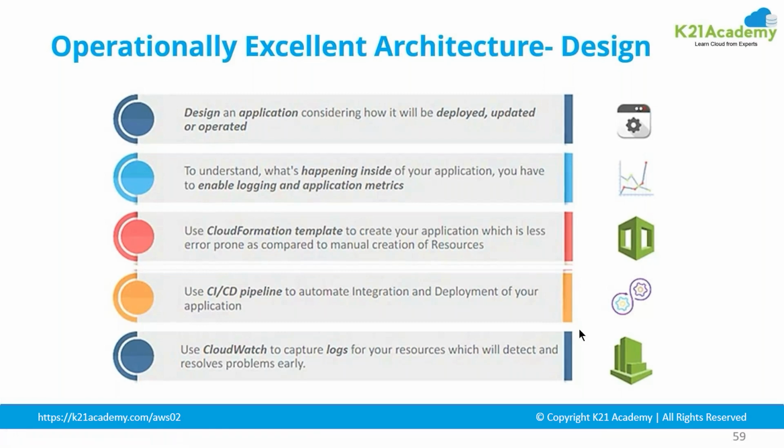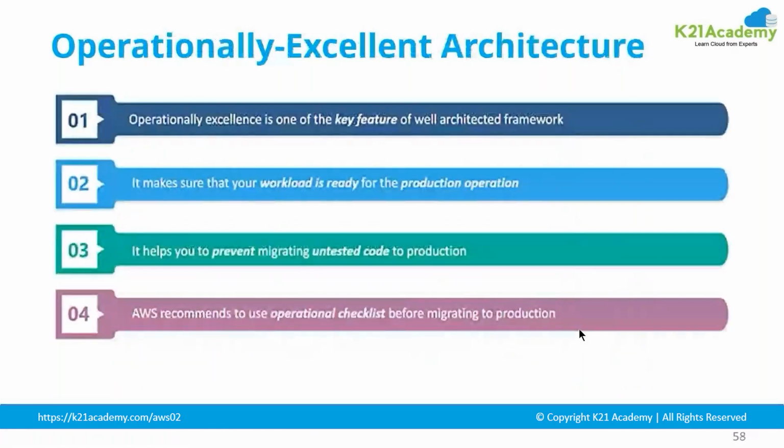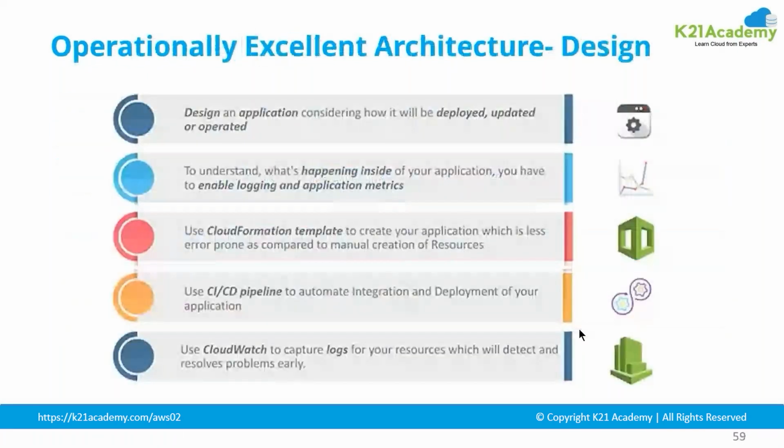Operational excellence pillar says that you should always keep in mind how the infrastructure is deployed, updated and operated. So in the operational excellence pillar, Amazon tries to bring your focus towards services like CloudFormation, where you are doing the deployment of your infrastructure via code.